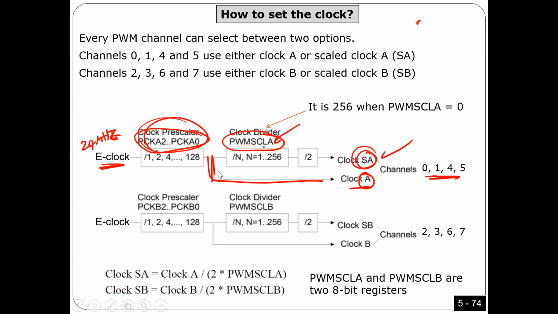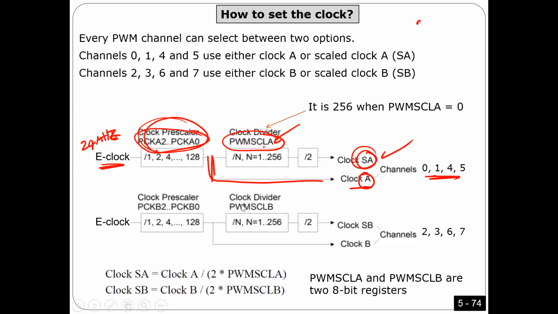Then I'm going to divide it again by a register byte, which can take a value from 1 to 256, and then divide it by 2, and then you have scaled A. Is that okay? Then you can select whether this channel should come from here or from here.